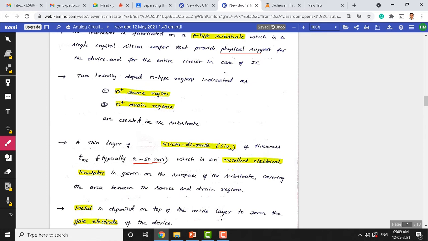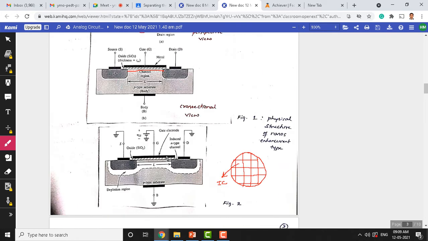The reason we make a very thin layer of silicon dioxide, 2 to 50 nanometer, is to have very good control of the charge movement here. This silicon dioxide is going to be a few nanometers, 2 to 50 nanometer, in thickness.